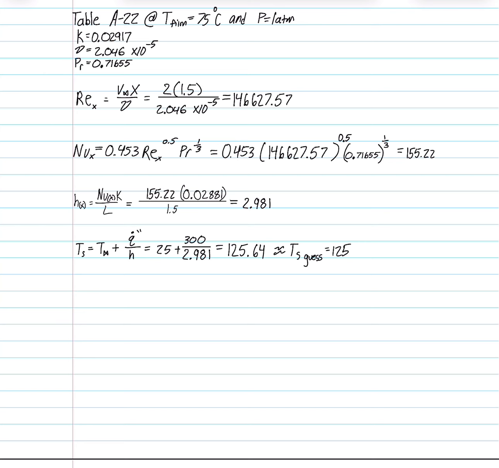We get that it's approximately equal to 125. 125.64 is a very good solution. So we know that the heat transfer coefficient using this initial guess of 125 is accurate. So now we know the surface temperature and we know the heat transfer coefficient, which were the two things they wanted us to find.